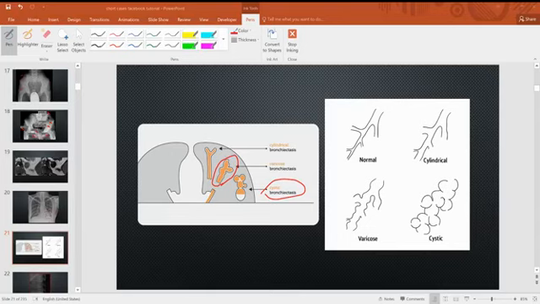Anyone remember that type? I give you a hint. It is associated with fibrosis. Anyone remember that type?